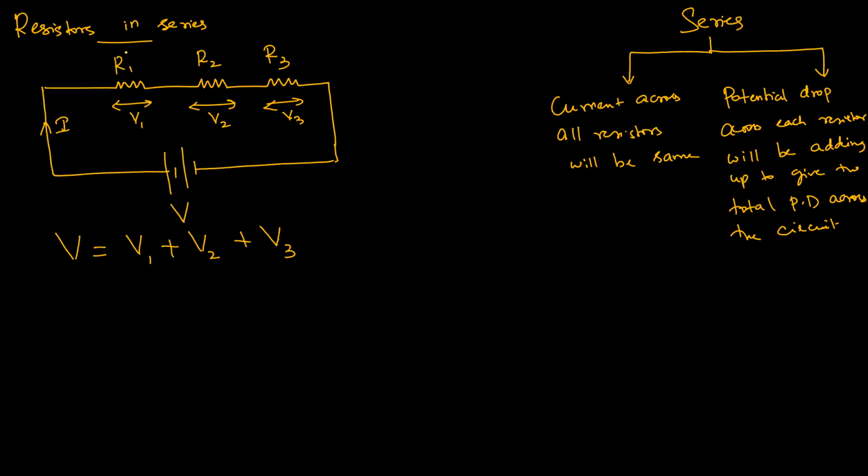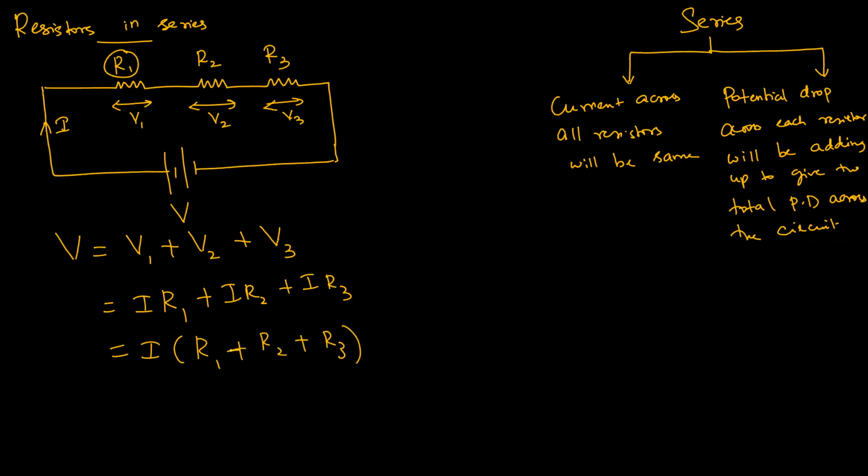Across R1 the potential drop is V1, which is I into R1, V2 will be I R2 and V3 will be I R3. So this can be written as I into R1 plus R2 plus R3.